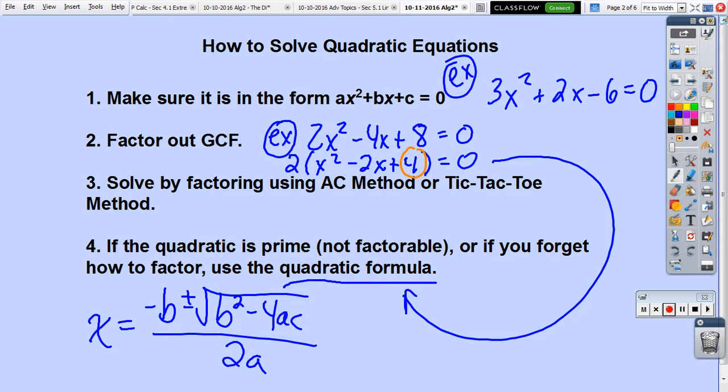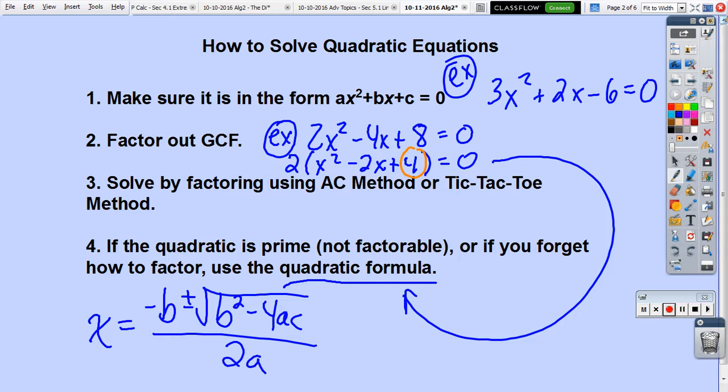Before that, we learned about step 2, factoring out the GCF, but let's not forget step 1. I saw some students in the last period who would try to apply the formula, but they weren't set in this form yet. So make sure it's ax squared plus bx plus c equals 0. I know your reference sheet doesn't state that that's the form it needs to be in, but that is what it needs to be. It needs to be in this form before you apply the quadratic formula. It needs to be in this form before you factor.